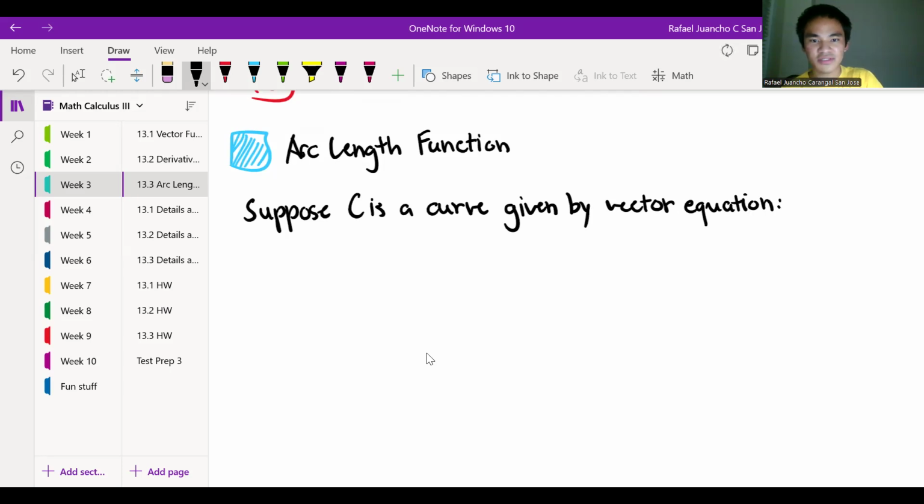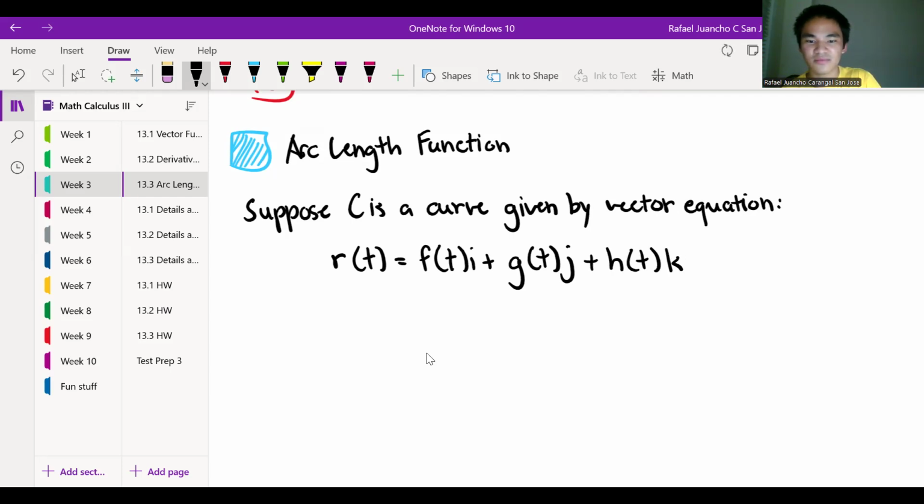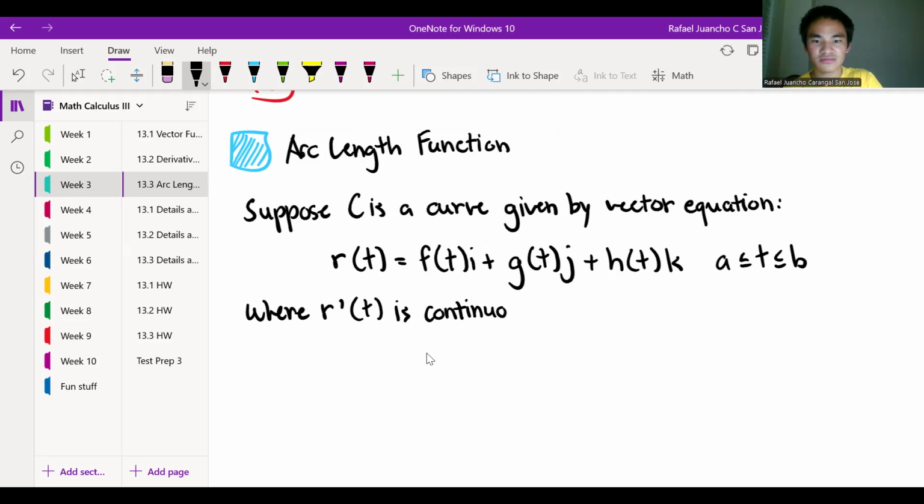And the vector equation is R of t again, and it has 3 component functions, in i, j, k format. And the condition is that t has boundaries a and b inclusive, and we're saying its derivative R prime of t is continuous. And C is traversed.